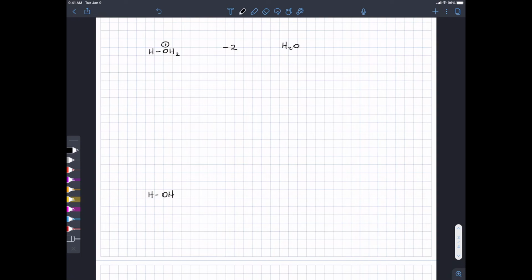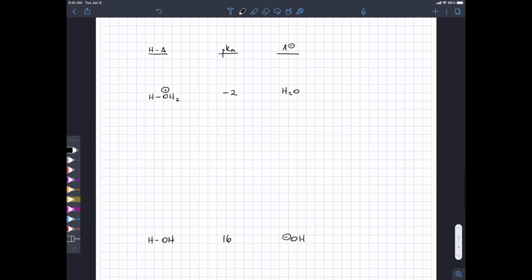The pKa of water, going from neutral water to negatively charged hydroxide, is about 16. Okay, so this is a good benchmark because we do have some chemical intuition about acidities. H3O plus is something you've dealt with before. OH minus is something you've dealt with before. So it's good to know those two values.